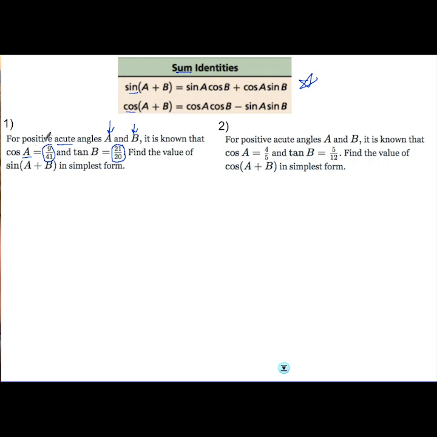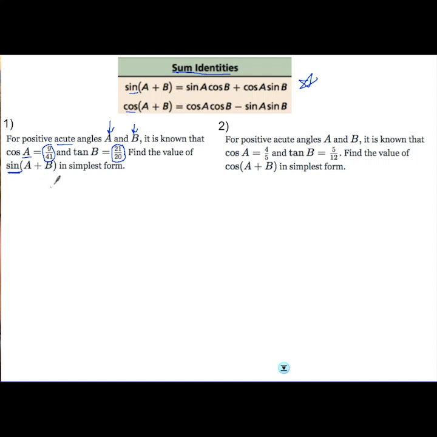Now, we don't know what these angles of rotation are, but we don't need to. We can use this identity here to find the sine value of those two angles added together. That's called the sum angle identity.